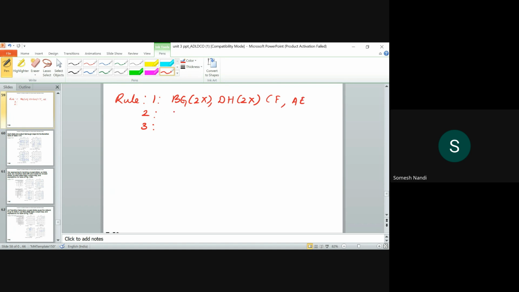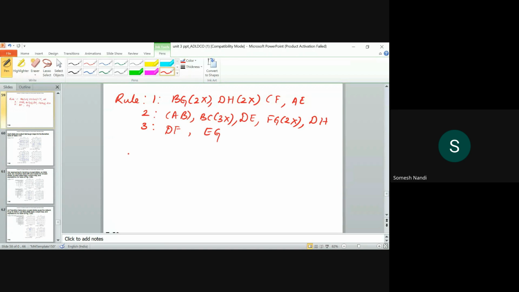Then for rule 2, you have AB, then you have BC 3 times, then you have DE, then you have FG twice, DH. So these are your adjacent states. Then for rule 3, we have DF and EG.